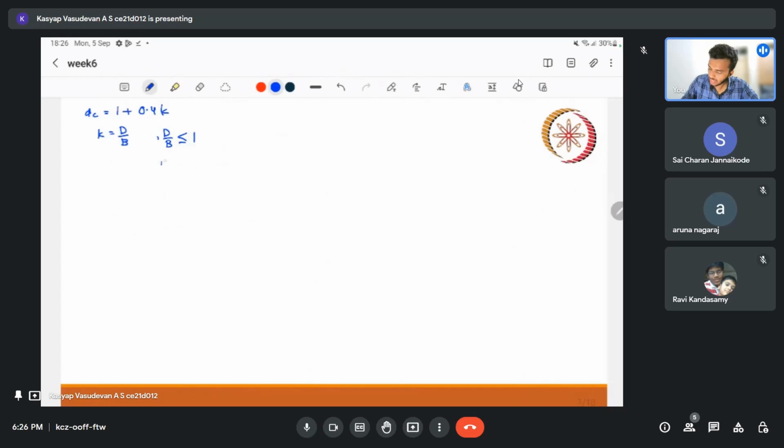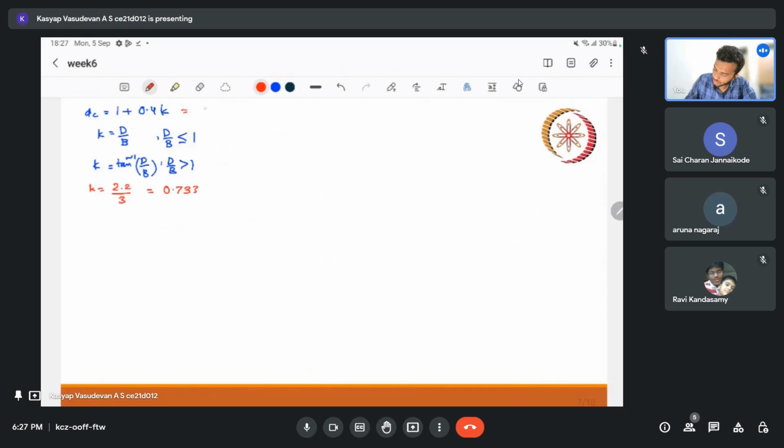If it is greater than 1, we have to take K equal to tan inverse of D by B. So here K is equal to 2.2 by 3, that is 0.733.